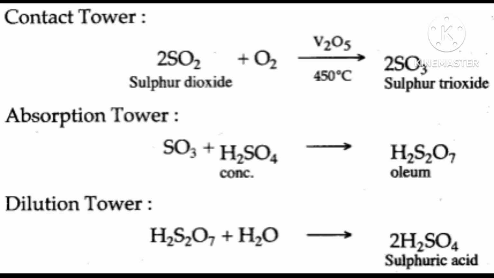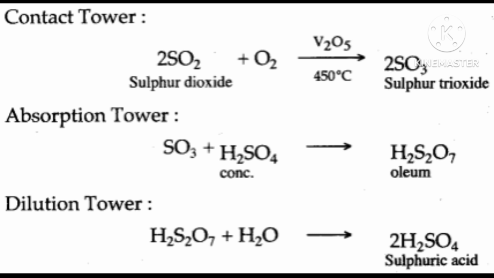Till now, what have you done? You got sulfur dioxide. The sulfur dioxide plus O2 you passed to the second tower, and in that you sprayed water, correct? And in the third you sprayed H2SO4.